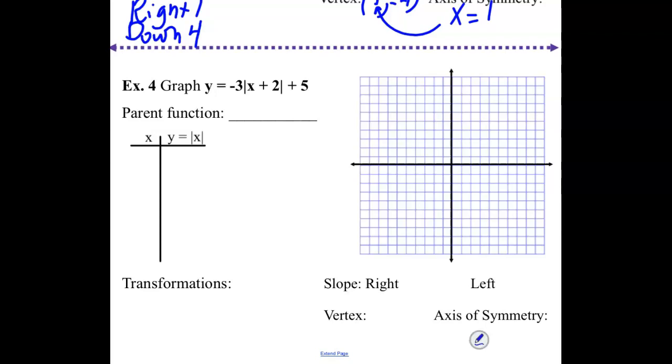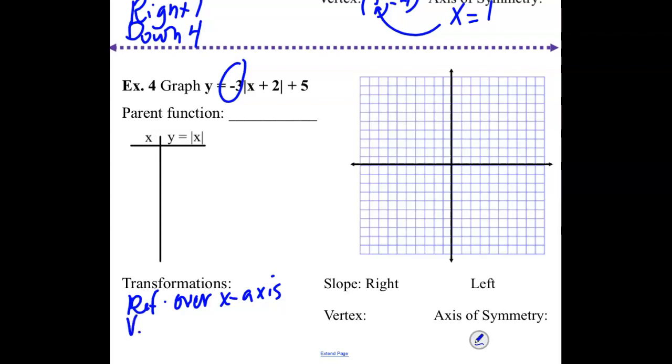So in our equation, remember we talked about this yesterday. A negative 3 does two different things, right? You have to split it. What does the negative do? Reflect over the x-axis. Okay, then what? What does the 3 part do?